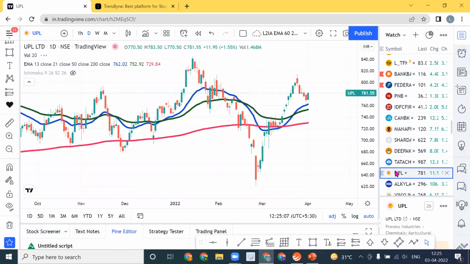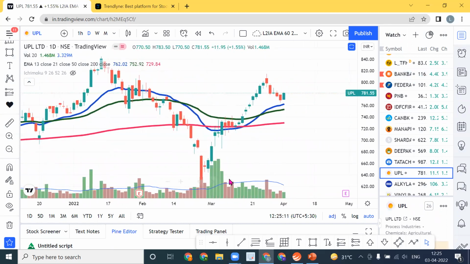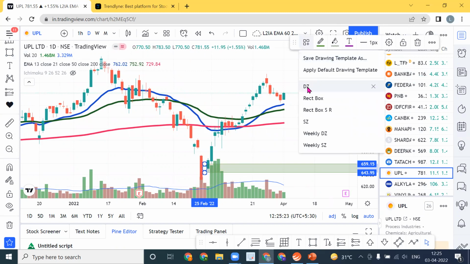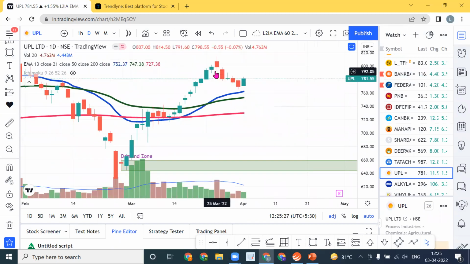Let us see our regular stocks now. UPL. UPL created the lowest levels over here. A drop, base and good 2 rally candles. And the higher levels is over here. Rally, base, and a drop.